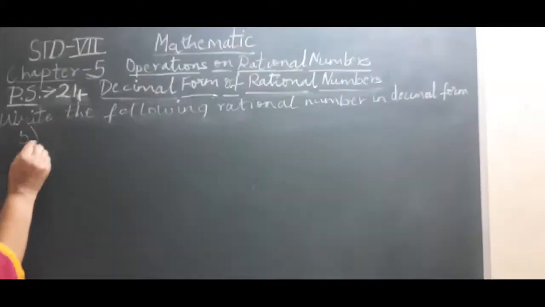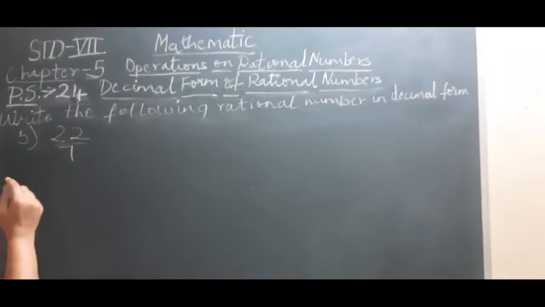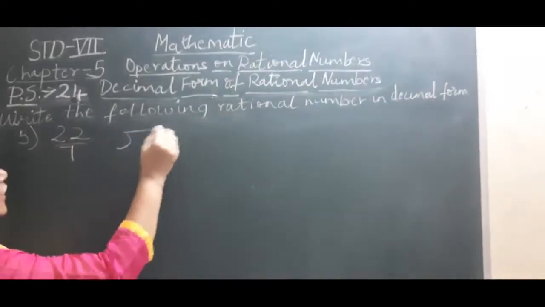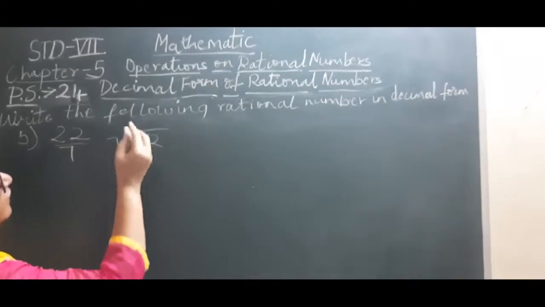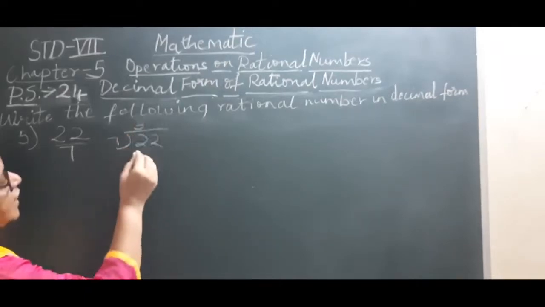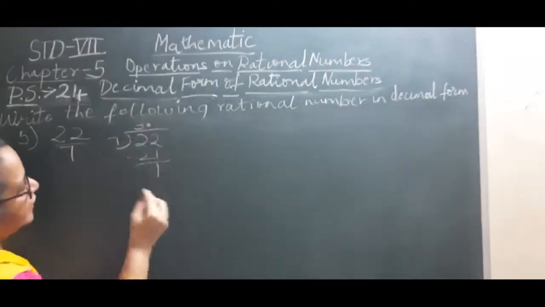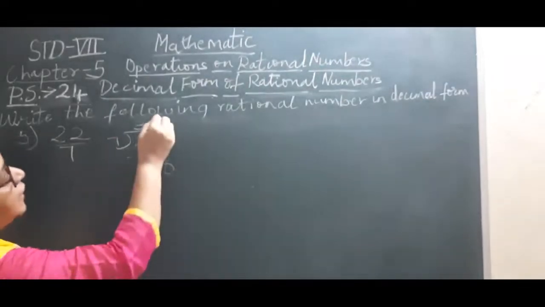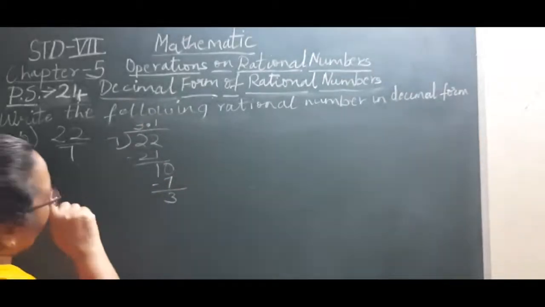The fifth one, children. 22 by 7 is the fraction given. So we are going to divide 22 by 7. 22 we have taken inside and 7 outside. 7 3s are 21. Minus 1 is remaining. We'll take a decimal point. Add a 0 here. 7 1s are 7. 3 is remaining.